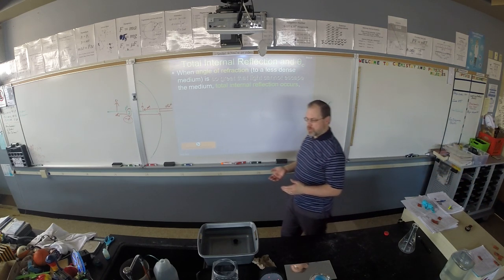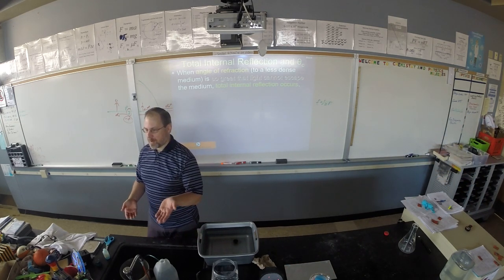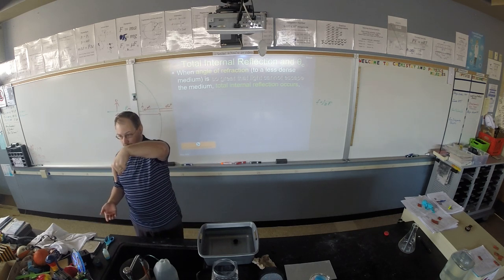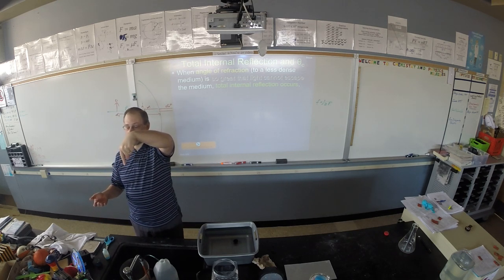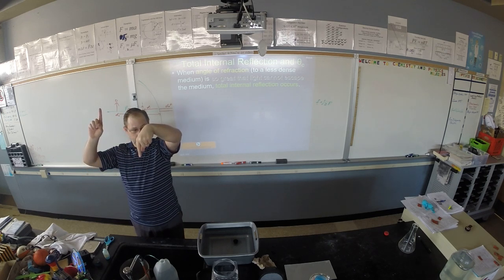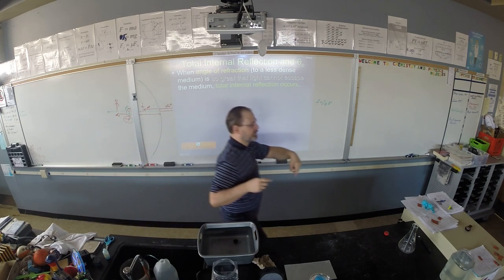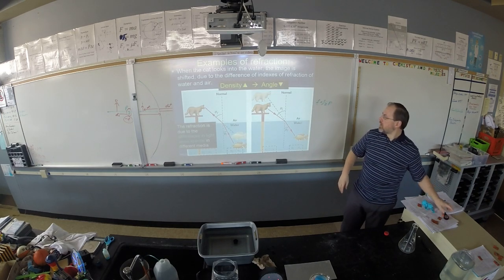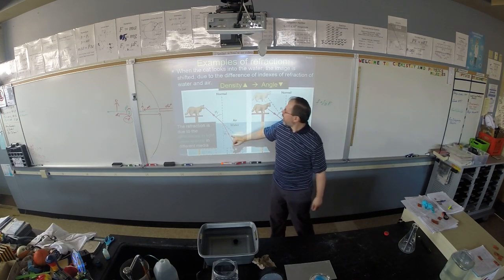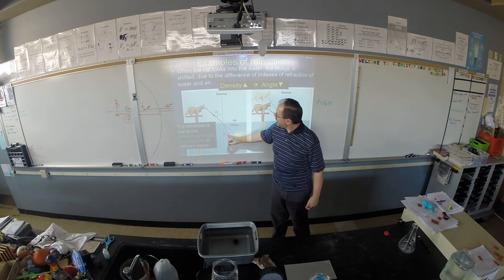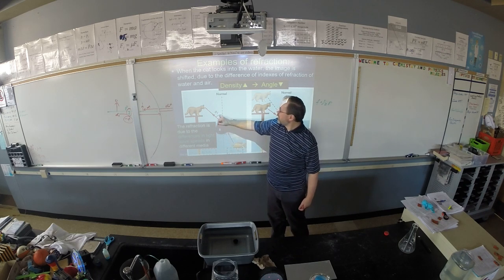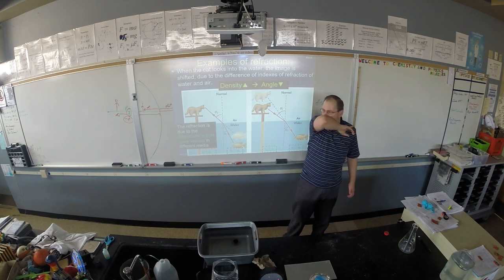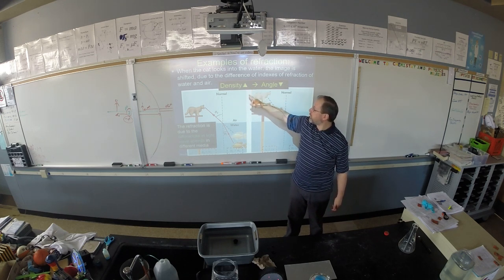Anyway, think about this. You have a situation where if the density of the material goes down, then the angle of refraction goes up. Make sense? So go back to our cat and fish example. Imagine light's going from water to air, and the angle of incidence and the angle of refraction are given to us by this relationship.